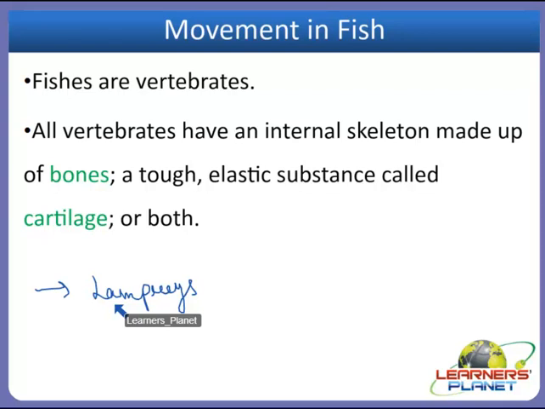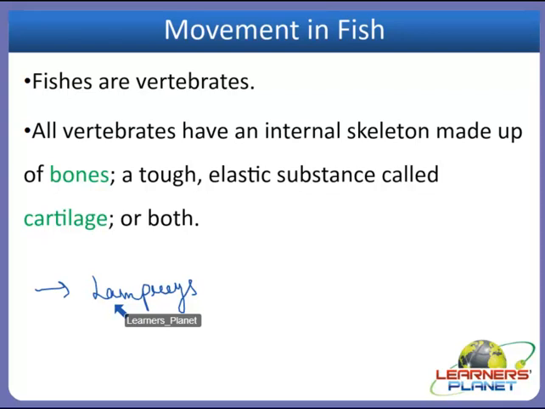And this streamlined shape, in which the head and tail are narrow while the middle portion of body is broader, offers least resistance to the flow of water, so that it will make the fish easier to swim through water. So this streamlined shape is very useful for the fish to swim through water.